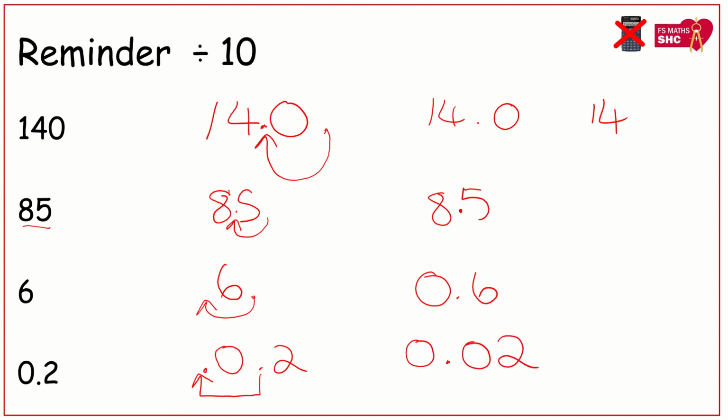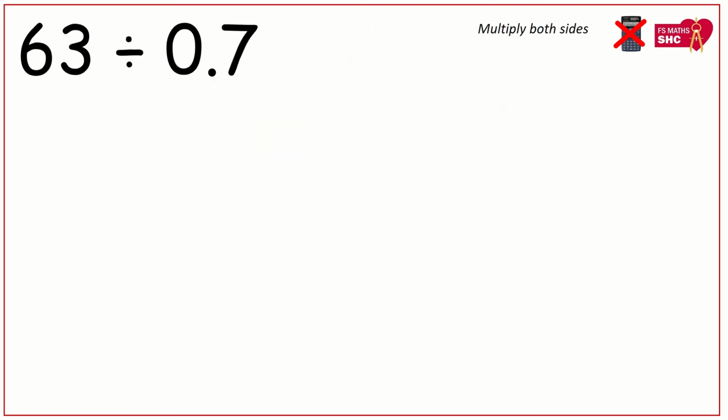So you've just got to remember, when you're dividing by 10, you move one place value to the left. When you're timesing by 10, you're moving one place value to the right. That's really useful information. Let's try the first of our examples then. So we've got 63 divided by 0.7. We need to use this strategy given here, multiply both sides so that the decimal point is gone.